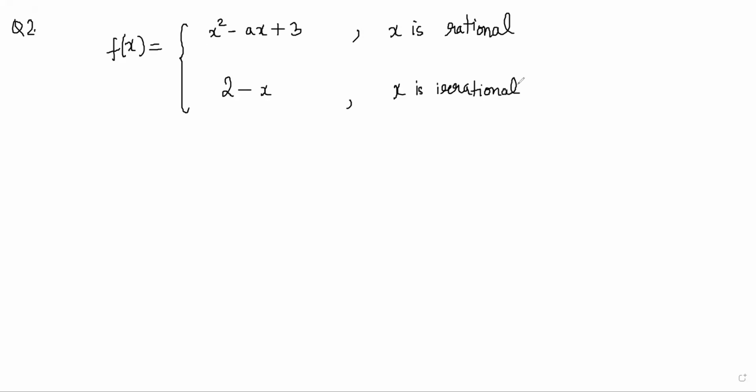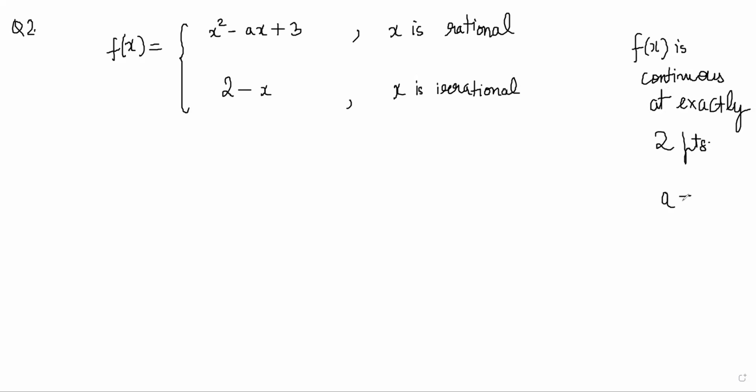Now he's saying the function is continuous at exactly 2 points, then find the possible values of a. f(x) is continuous at exactly 2 points. You have to find possible values of a.